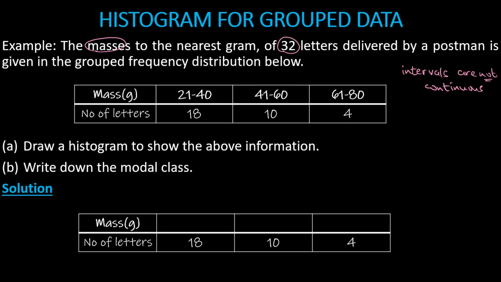Because the first interval ends with 40 and the next interval starts with 41. So where the first interval ends, the second interval does not start with the same value, right? This is why we say that the intervals are not continuous, right?